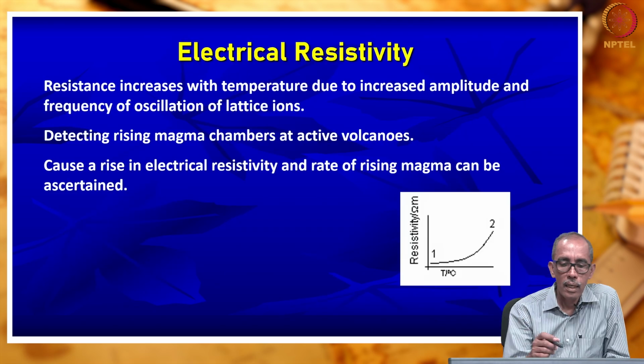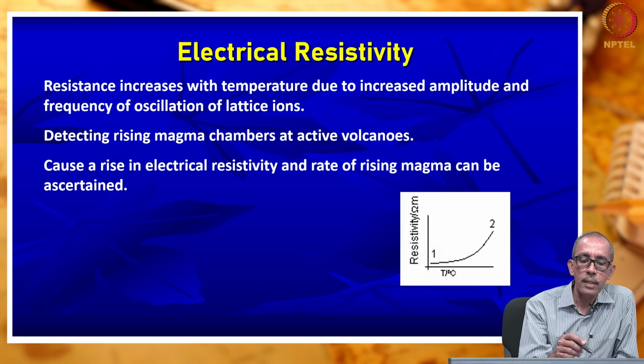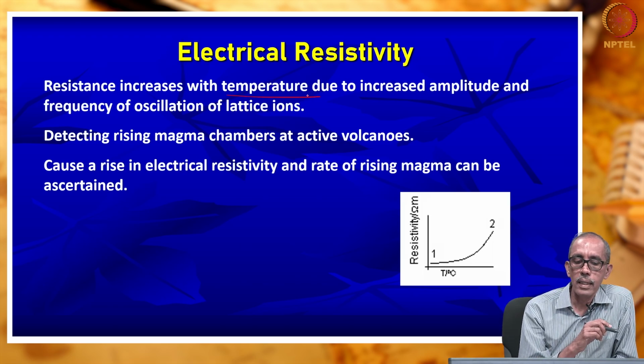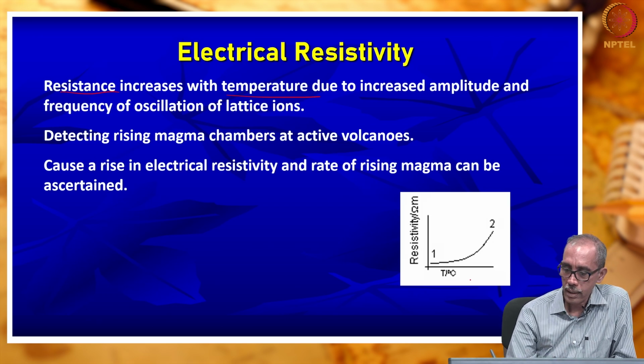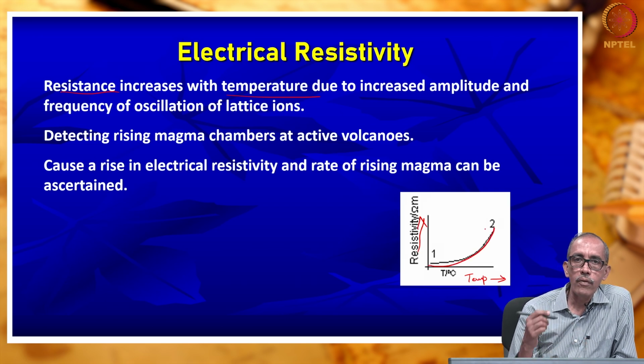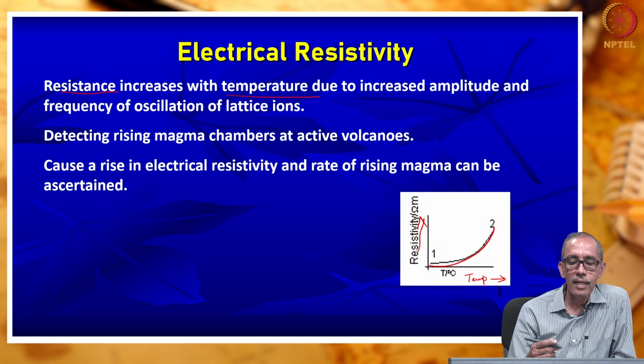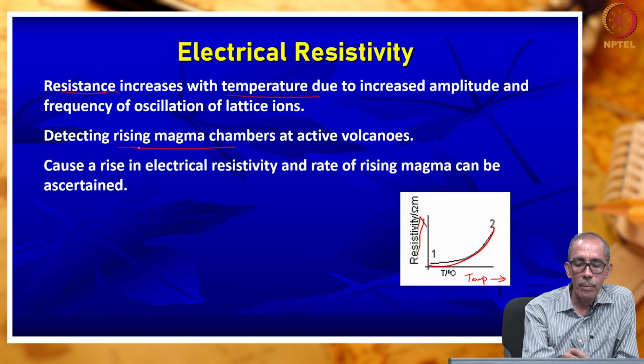Imagine, right, what happens to the earth's resistance if the temperature is increasing? When the temperature rises, the electrical resistivity also will rise, right. This is the temperature. As the temperature rises, resistivity will also increase, as you see in this diagram. Can we use this method to understand the rising magma?